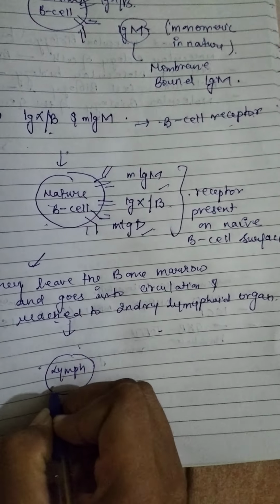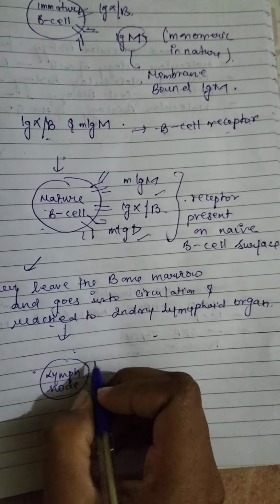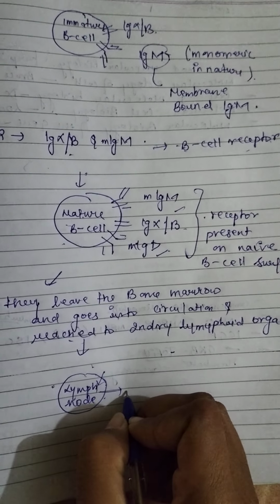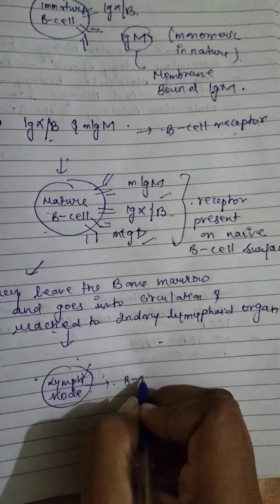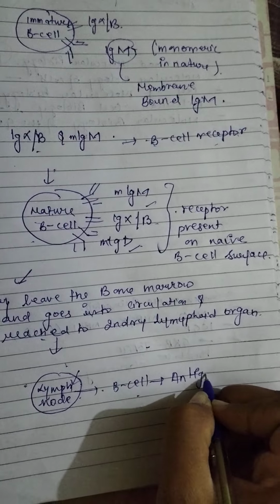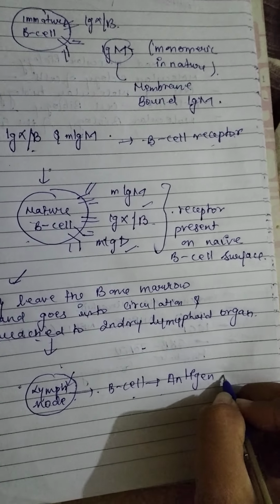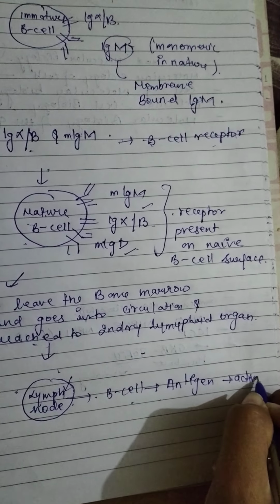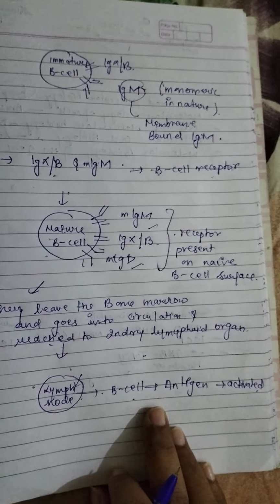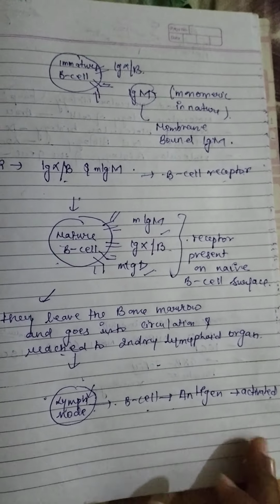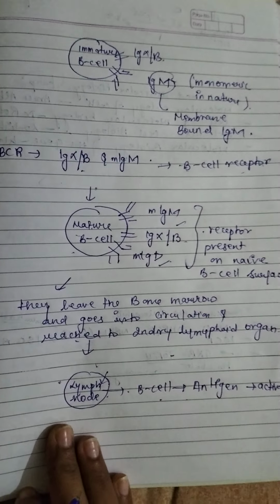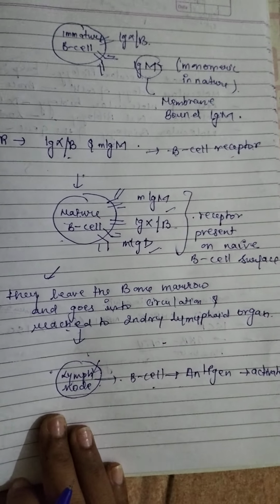So B cells activate after entering the lymph node where they encounter antigen.